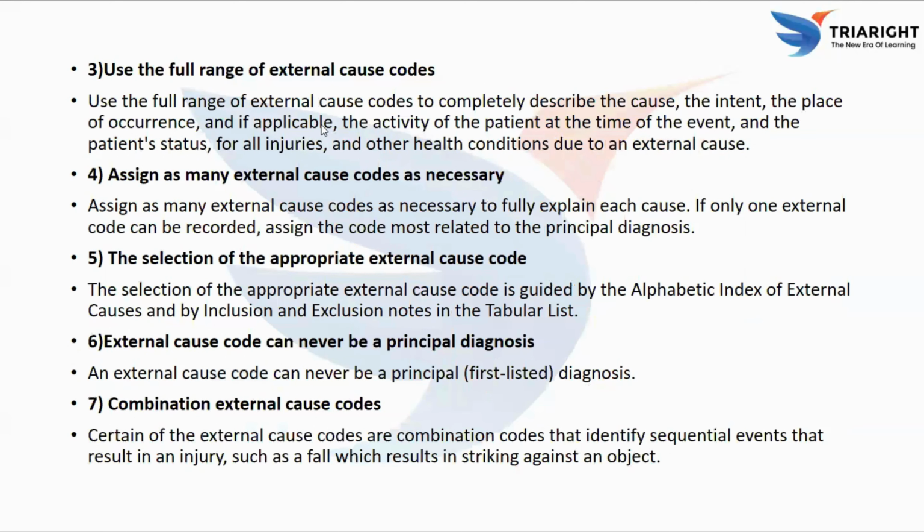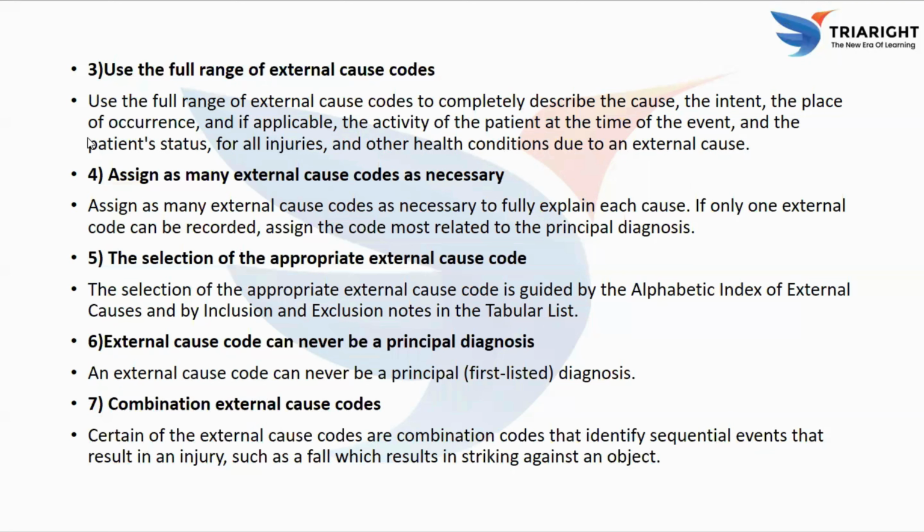And the third guideline is use the full range of external cause codes. So coders should use all the applicable external cause codes to give a complete picture of how the injury or condition occurred. So these external cause codes can describe cause: what happened, whether it is fall, burn or accident. Next is intent, whether it is accidental, intentional, assault or self-harm.